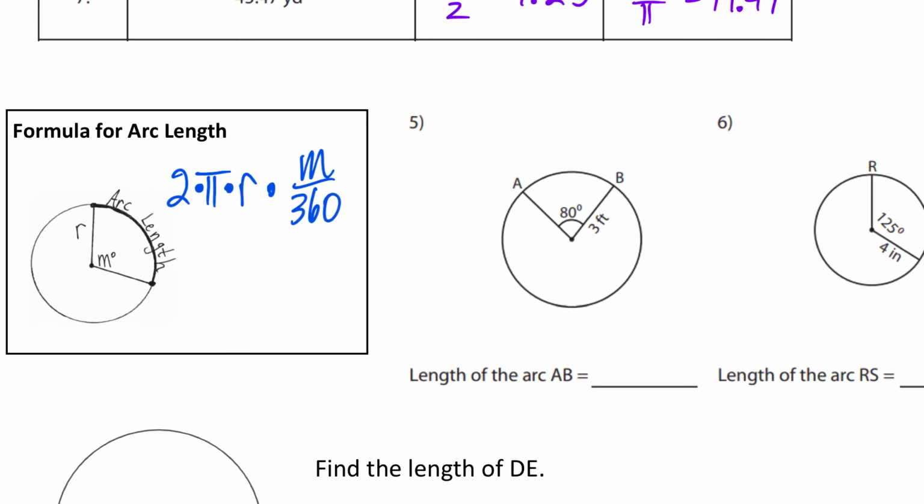Okay, so what does the r stand for here? The radius. And what does the m stand for? Stands for the measurement of the angle, or the measurement of the arc, which in this case they're always going to be the same. So on this one, I'm just going to go 2 times pi times 3 times 80 over 360.